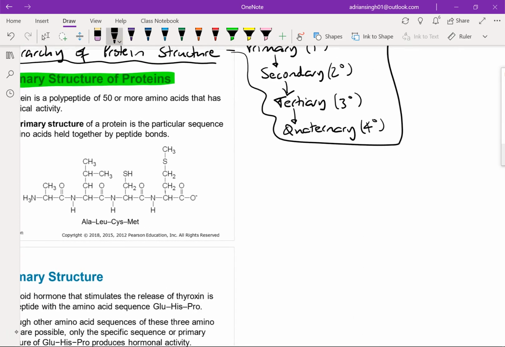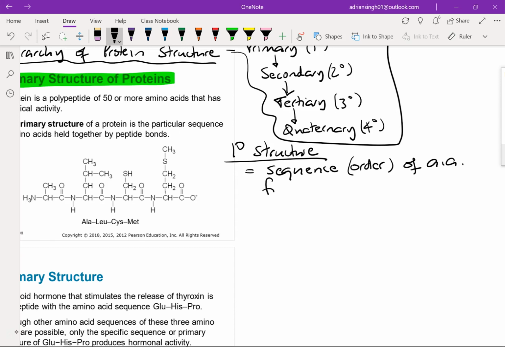All right, so the primary structure is simply equal to the sequence or the order of the amino acids, and this is the key part now, from the N-terminus to the C-terminus.